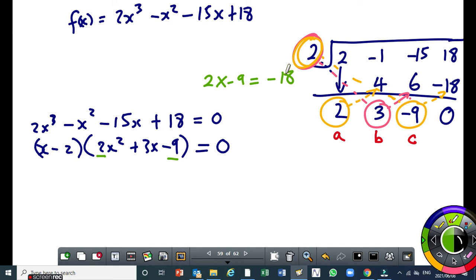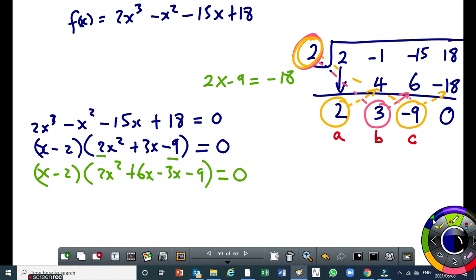So this becomes x minus 2 times, now I can split this 3x and write 6x minus 3x minus 9. Then I'll get x minus 2 times, let me introduce a square bracket, 2x times x plus 3.